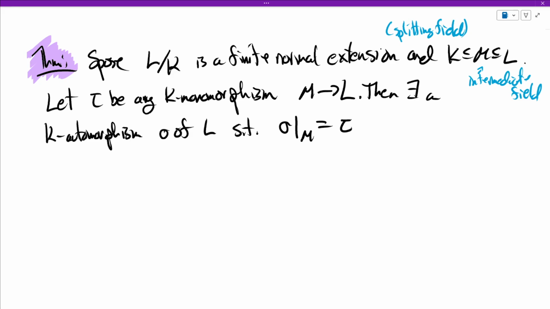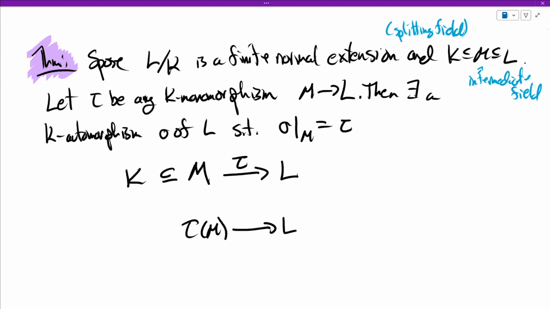I like to think about this with a diagram. So we have M mapping to L via tau, and we have K also as a subset of M. The image of M under tau is going to be some other subfield of L, so we can call that image tau of M. That includes into L, so I'll do a hook to mean includes.